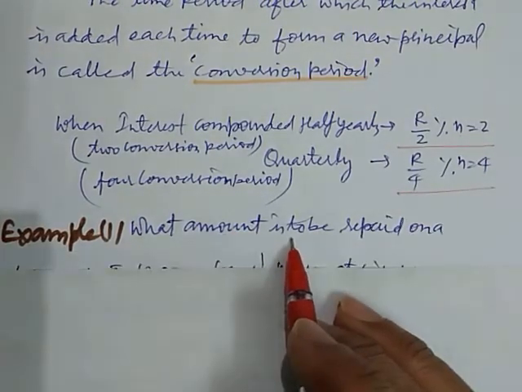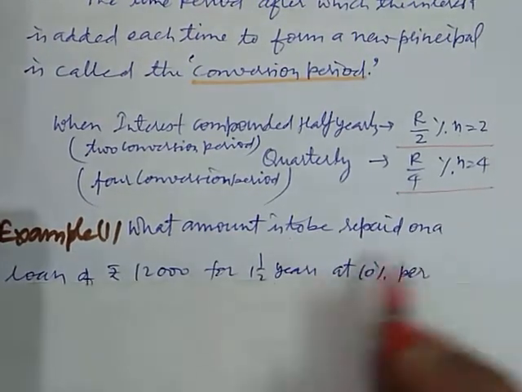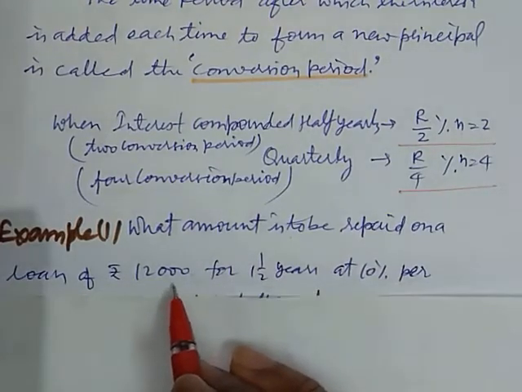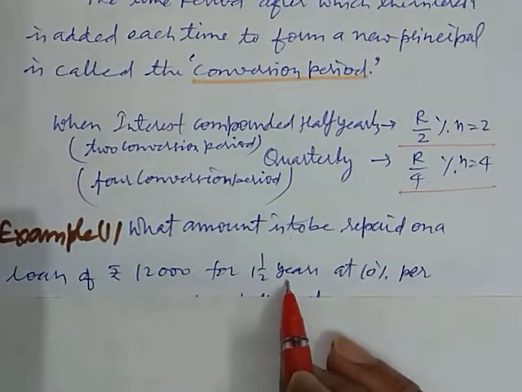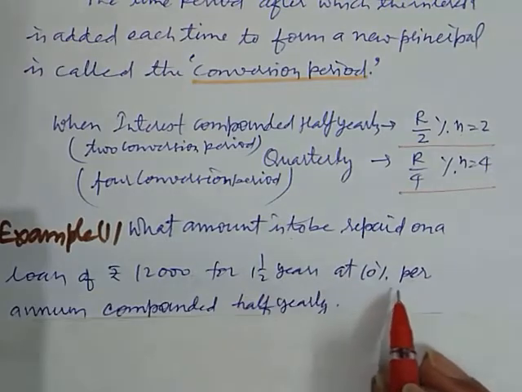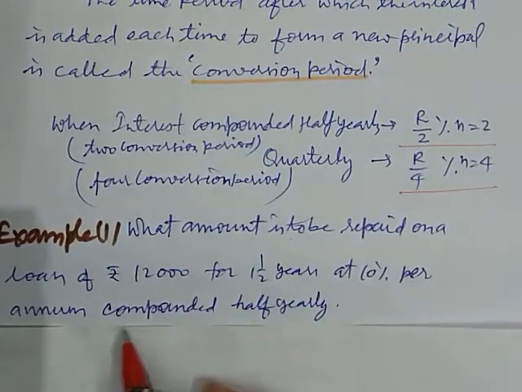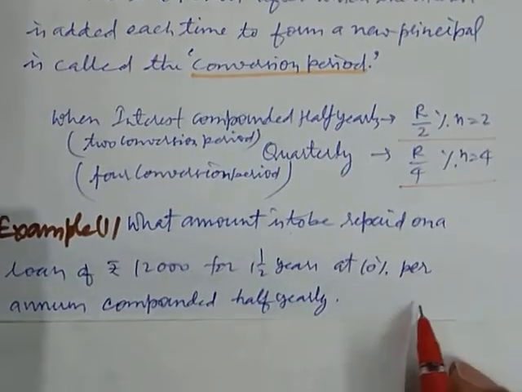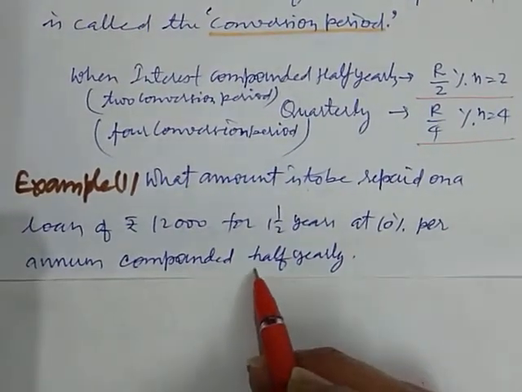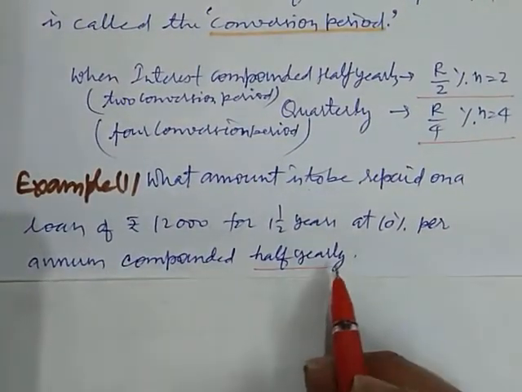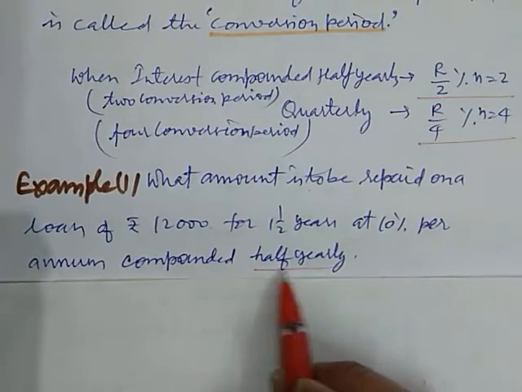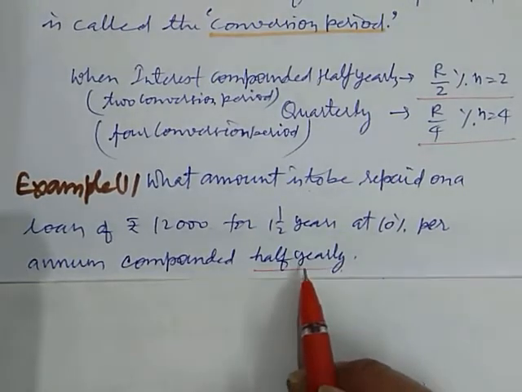Now we take an example to understand this clearly. What amount is to be repaid on a loan of rupees 12,000 for 1.5 years at 10% per annum compounded half yearly? Here we calculate the compound interest half yearly, that is twice in a year.